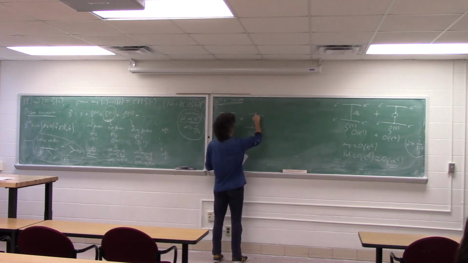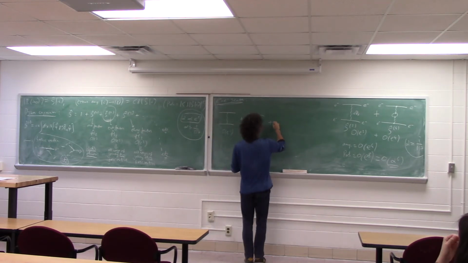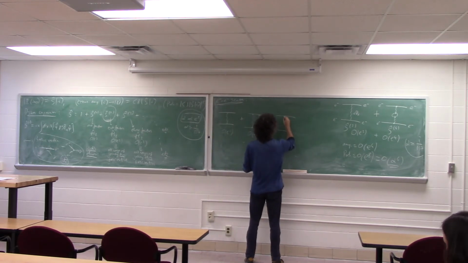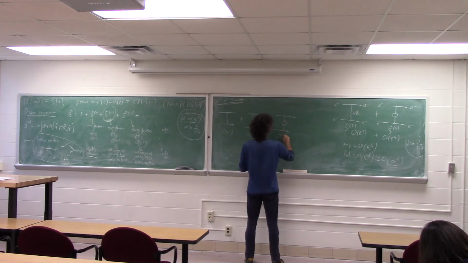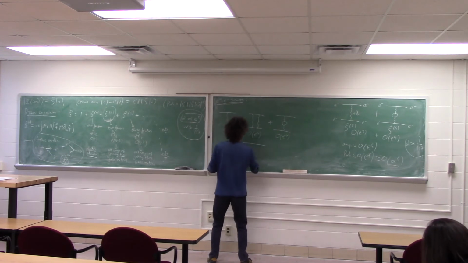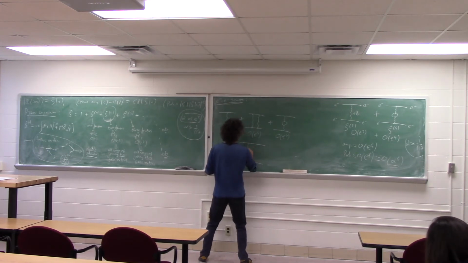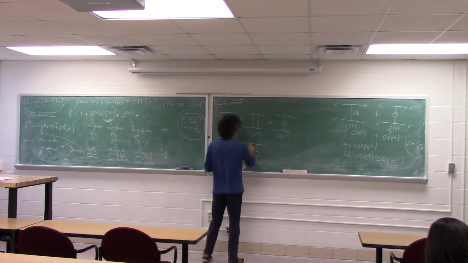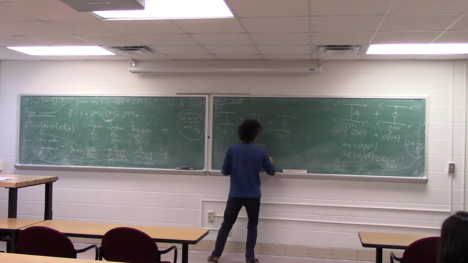And these are internal fermion lines. I can have this business. This is also of order e to the fourth. I could have this kind of thing. This is of order 1, 2, 3, 4, 5, this is of order e to the 8.